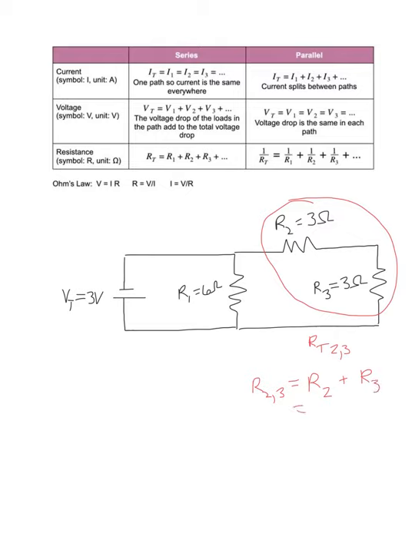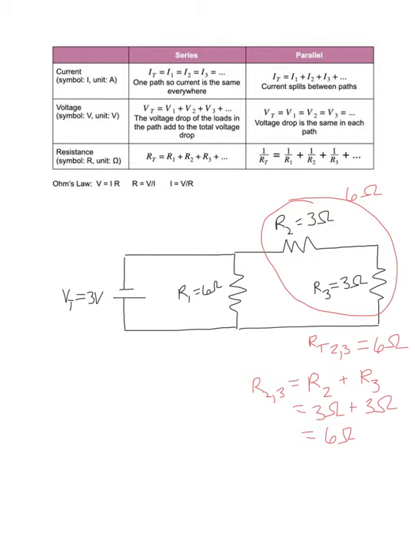So I'm going to get 3 ohms plus 3 ohms. Because there's two 3 ohms right beside each other, it's like just having one resistor that's 6 ohms here. So now it's like having a 6 ohm resistor, and if we combine these two in parallel with another 6 ohm resistor, we can find the equivalent resistance for the whole entire thing.